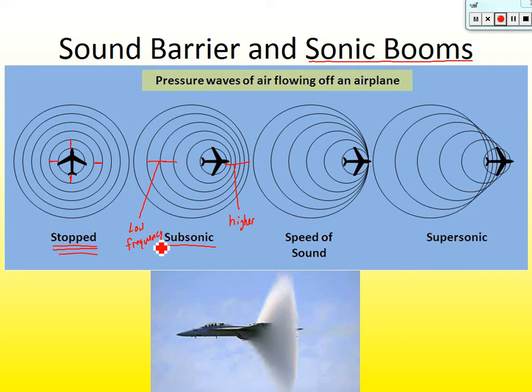Okay, and now if this fighter jet goes faster and faster, it's going to reach a point at which the velocity of the jet is as fast as sound. And so it's going to meet the speed of sound.